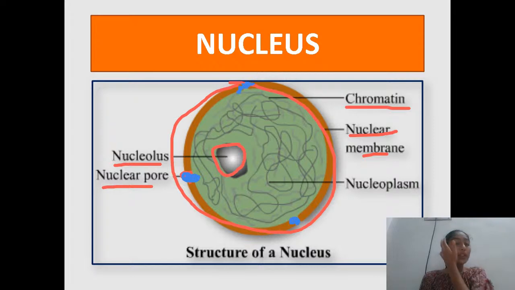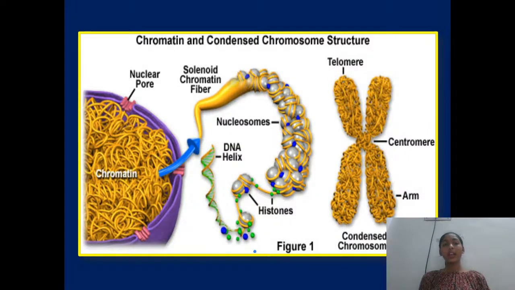These nuclear pores help the nucleus get essentials, like nutrients, proteins, DNA and all, through them. And nucleoplasm is the same as cytoplasm. A cell has cytoplasm and a nucleus has nucleoplasm. This very light thread that I've covered in blue is called nucleoplasm. Next, we have chromatin and condensed chromosome structure.